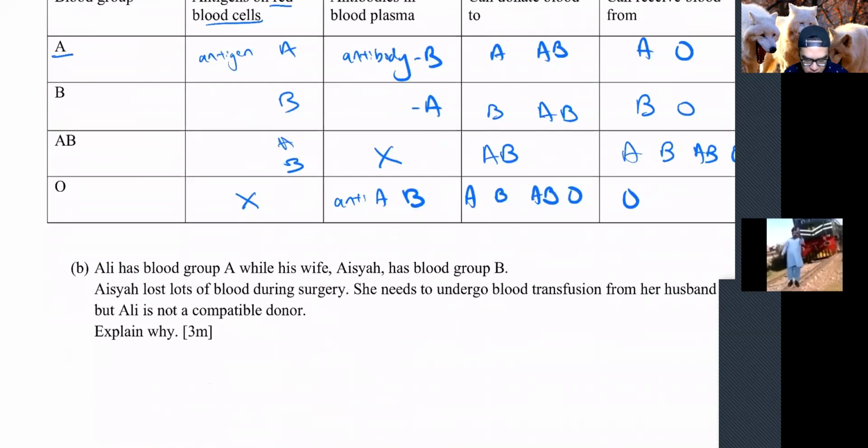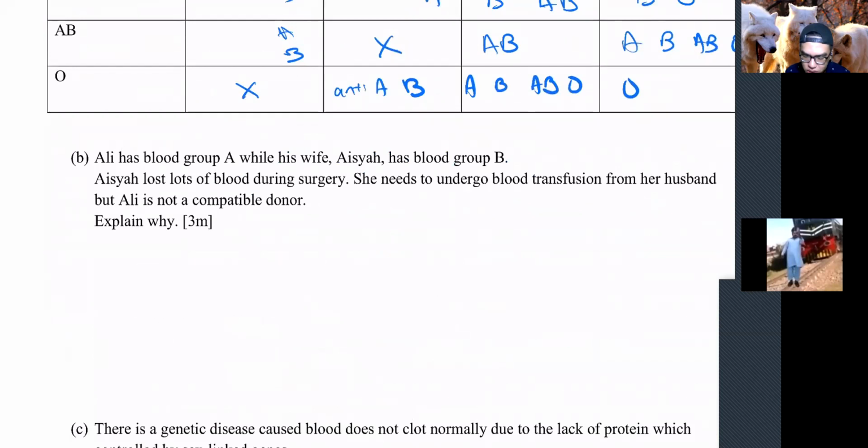Next, Ali has blood group A while his wife Aisha has blood group B. Aisha lost lots of blood during surgery. She needs to undergo blood transfusion, but Ali is not a compatible donor. Explain why.